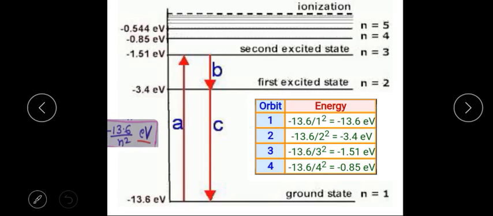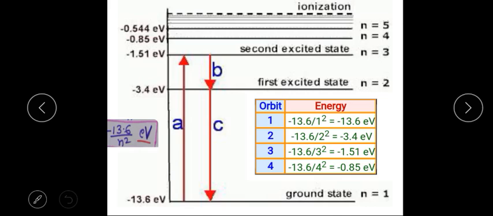And so on, for n is equal to 3, 3 square is 9, so minus 13.6 divided by 9 gives minus 1.51 electron volt. And the fourth one, n is equal to 4: minus 13.6 divided by 4 square, which is 16, is equal to minus 0.85 electron volt, right?